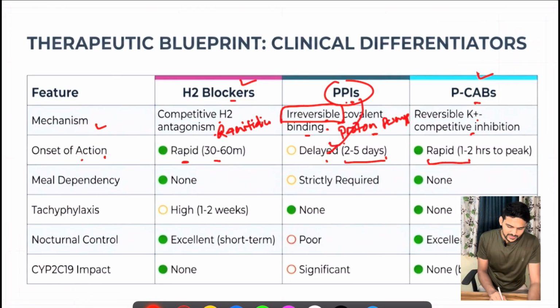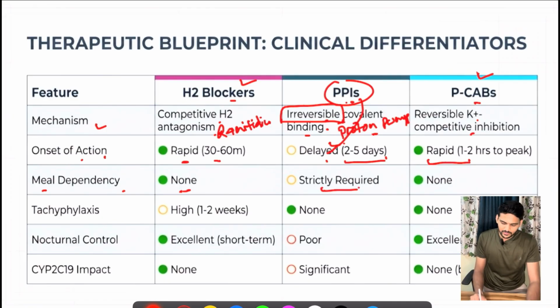The next important thing is the meal dependency. How is it related to meal intake? H2 blockers are not dependent on the meal. We can advise these medications before food or with the food. It doesn't matter in their mechanism of action. Whereas for PPIs, meal timing is very strict.